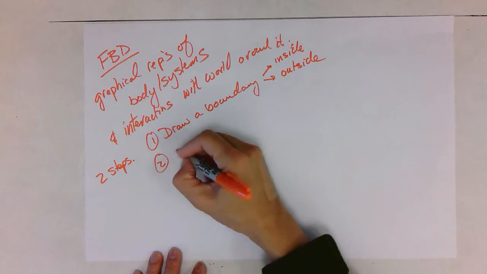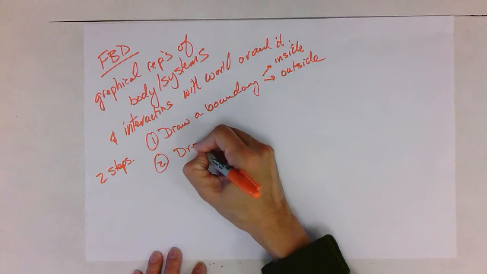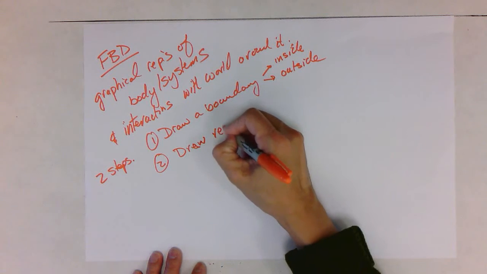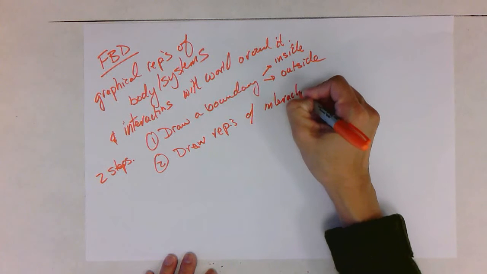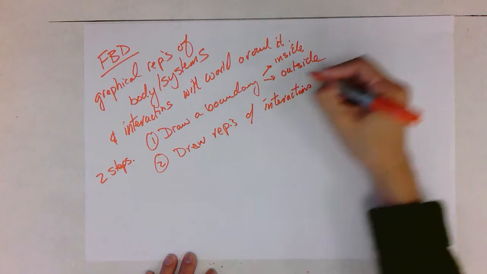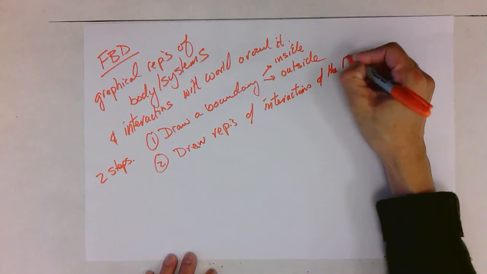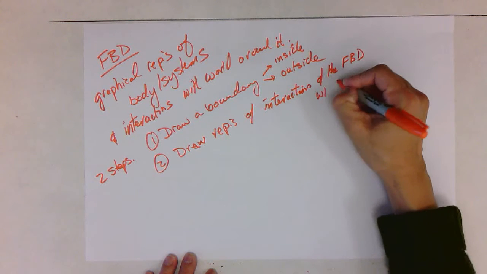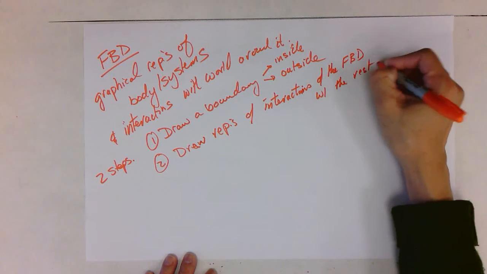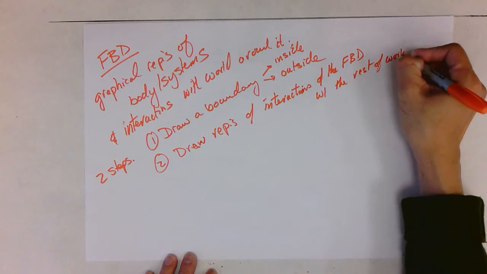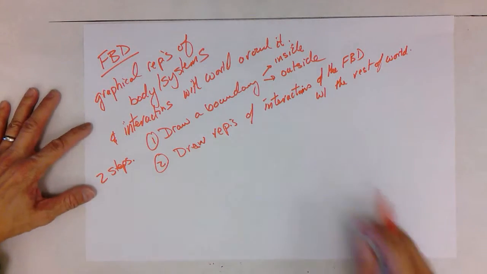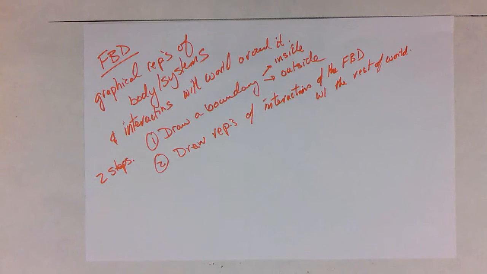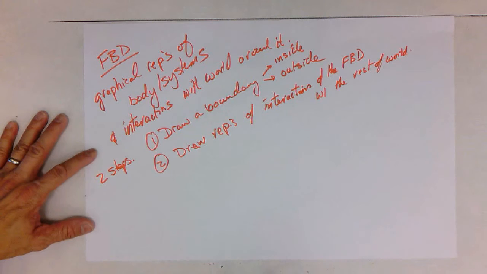And then two is draw representations of interactions of the free body diagram with the rest of the world. So conceptually, you can extract the free body diagram from the world and through its interactions describe what it does when it's actually sitting in with the world.